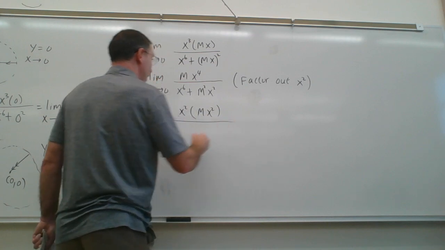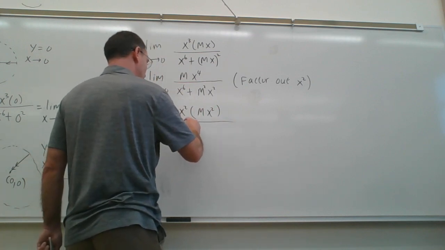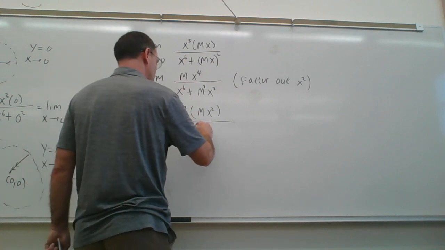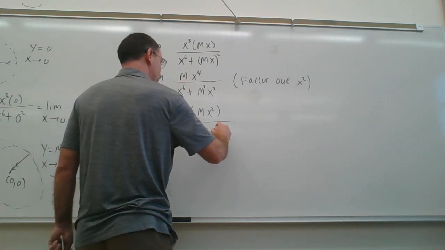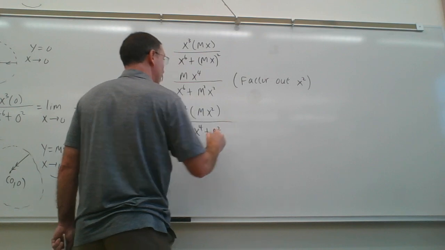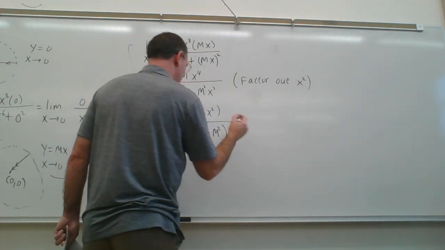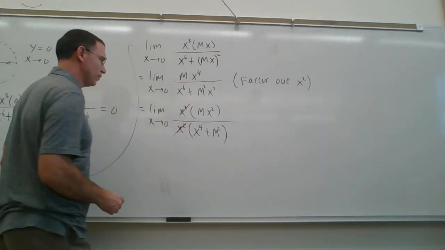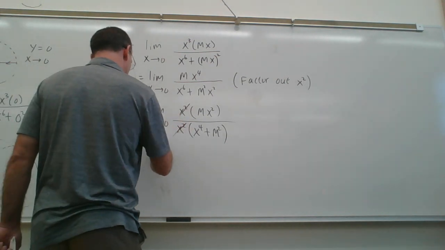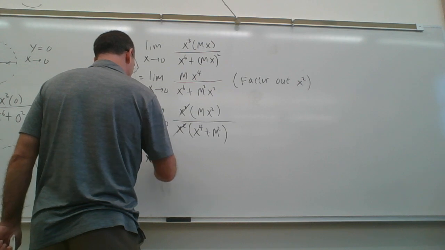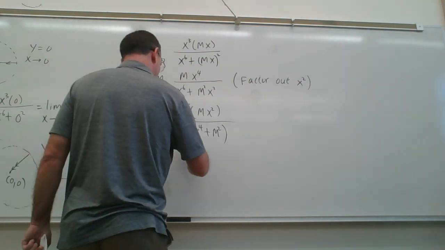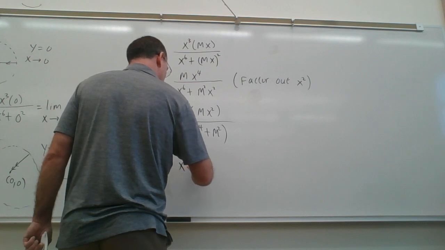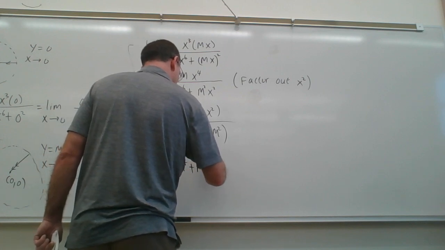And pulling an x squared out here, we'll have x squared, so subtracting 2 from 6 will be x to the 4th, and an m squared. The x squareds will cancel. So we get the limit as x goes to 0 of m x squared over x to the 4th plus m squared.